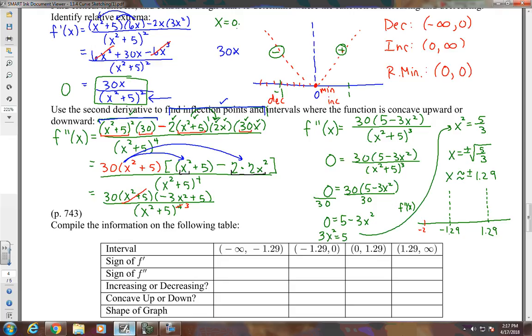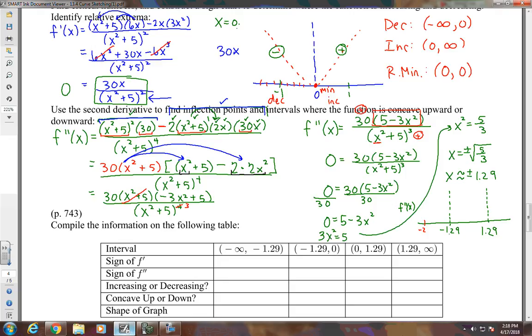Now, notice in the denominator, when I plug a negative 2 in right here and square it, it's always going to come out positive. If I add 5 and cube it, that denominator is always going to be positive. So I'm not really going to pay attention to that. Also, the factor 30 is always positive. So the only factor that's important in judging the sign of my second derivative is this 5 minus 3x squared.